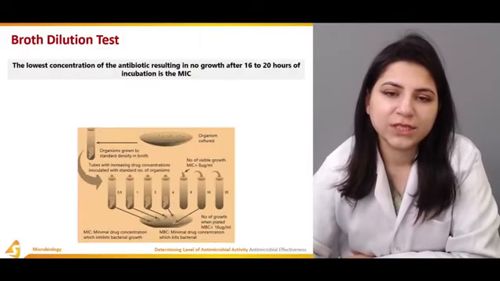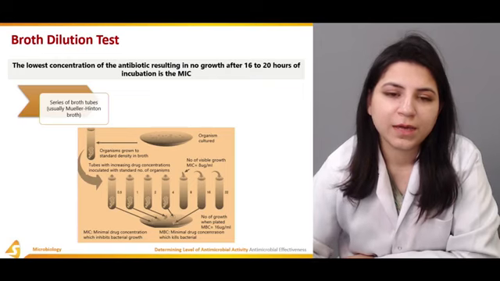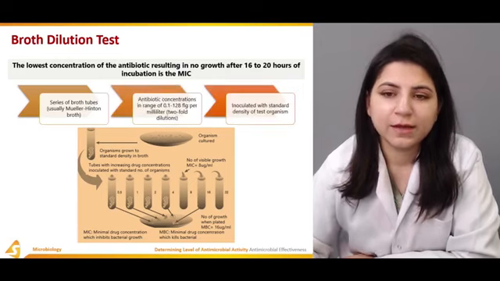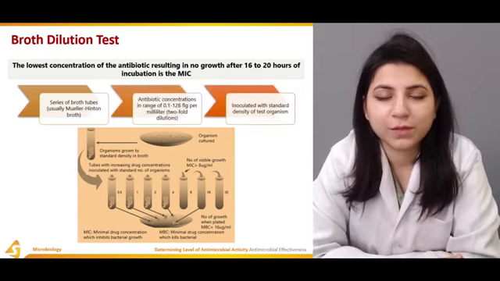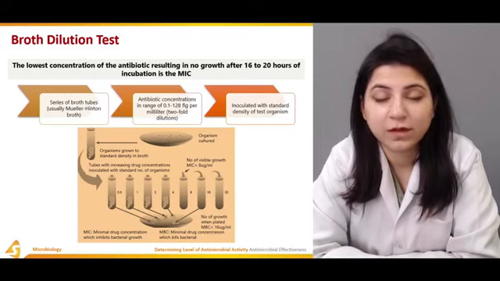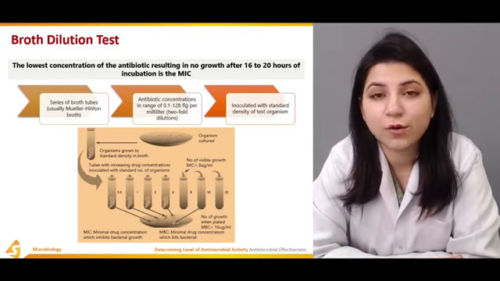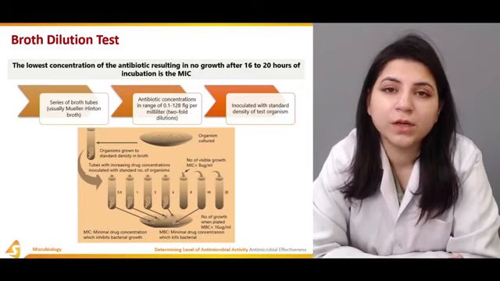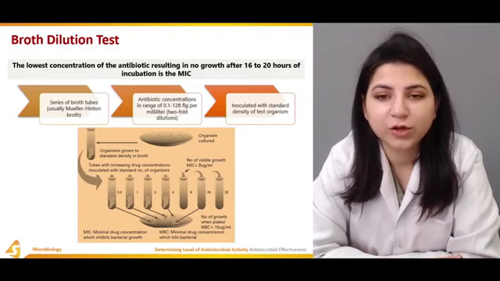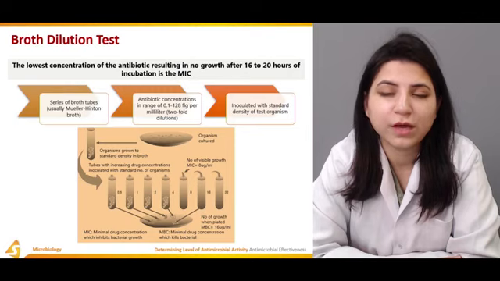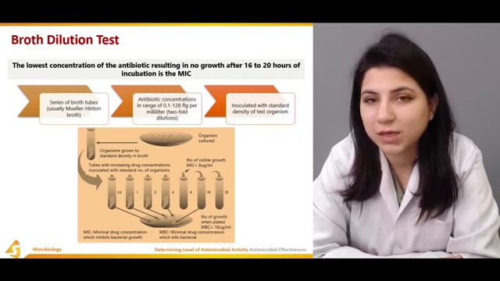In the broth dilution test, we are again using MIC to determine the effectiveness or the activity of an antimicrobial agent. The lowest concentration of antibiotic which results in no growth after 16 to 20 hours of incubation is the minimum inhibitory concentration.